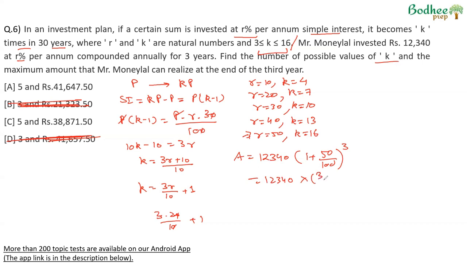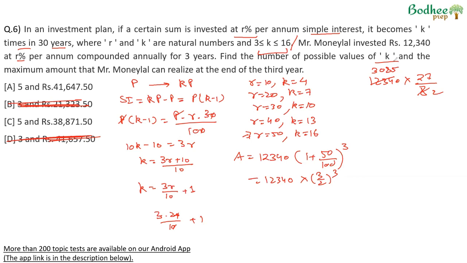So into (3 by 2) cube, which becomes 12340 into 27 by 8. We can divide this by 4. 4 threes are 12, 4 zeros are 0, 4 eights are 32. 3085.